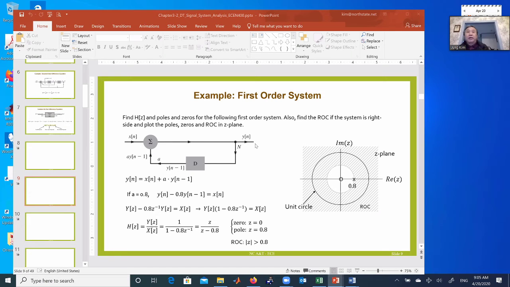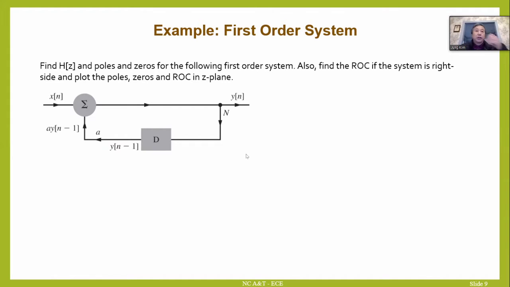Suppose, just like an electric circuit, but this is a digital circuit. We have this circuit given, and last time we found the difference equation. The output is fed back, with one delay, multiplied by A, and added to the input, and that's y of n.